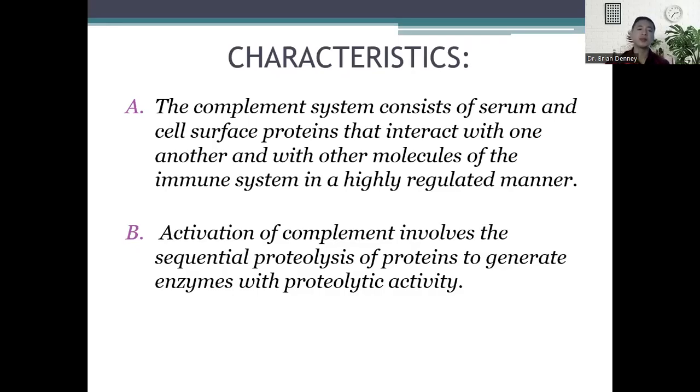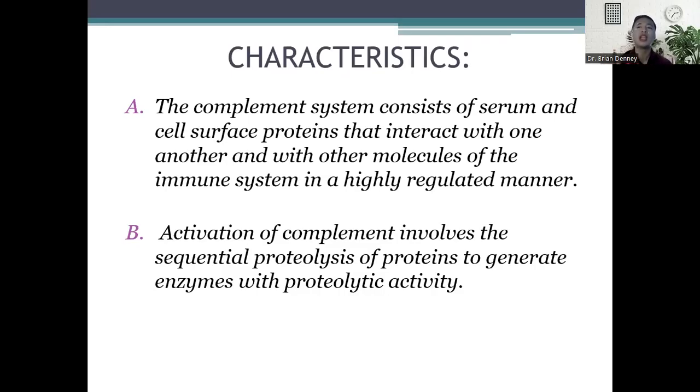It's because there is a proper sequence, a proper order to which these complement proteins, both the serum and the cell surface proteins, interact with each other. Just like when you count numbers, one comes first, followed by 2, 3, 4, 5, 6, 7, and so on. Just like when you sing ABC, A should be first, followed by B, C, D, and so on. It is the same with your complement system.